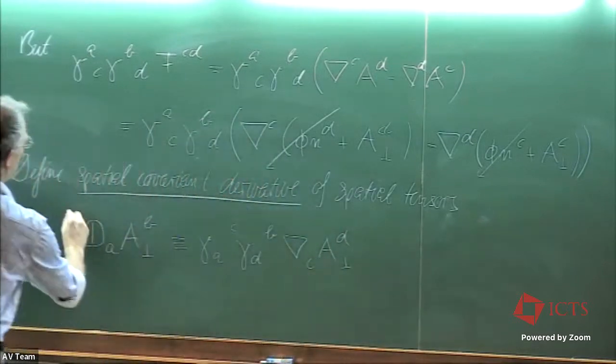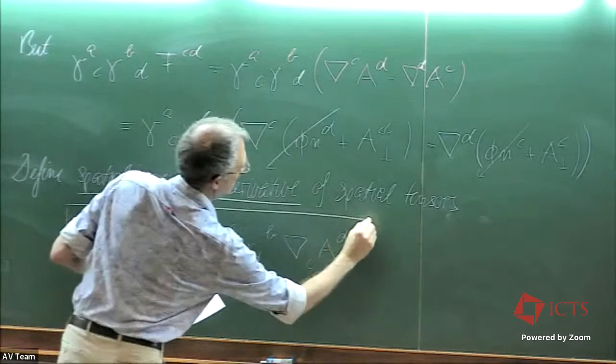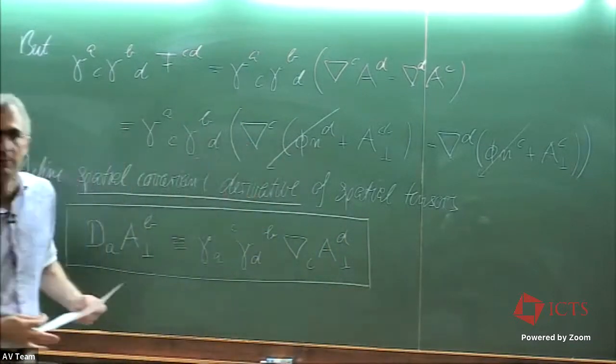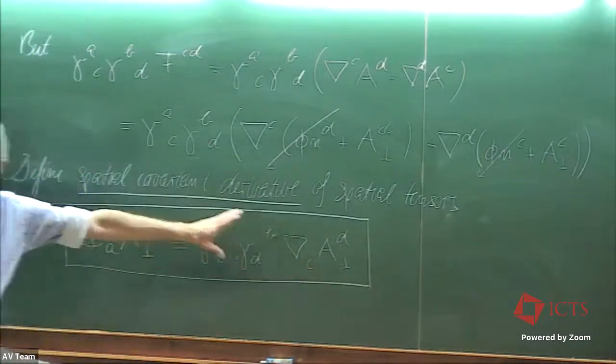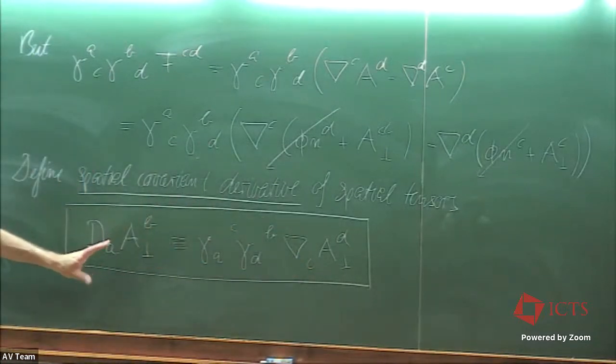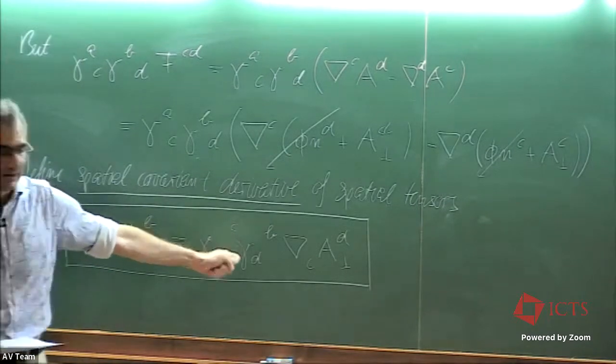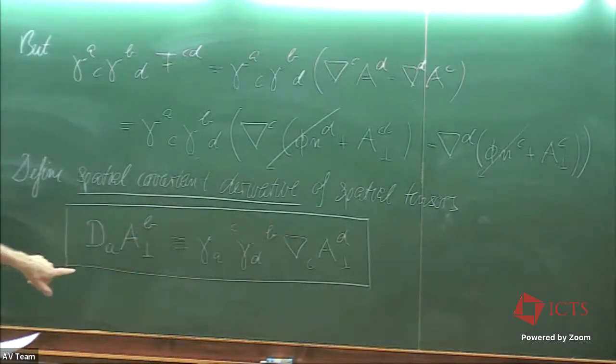Okay, so this is our definition. A little bit later today, we'll see how we can evaluate this derivative very nicely, in a way that is completely analogous to the way that we're used to from four-dimensional covariant derivatives. But for now, we'll just accept this as our definition.